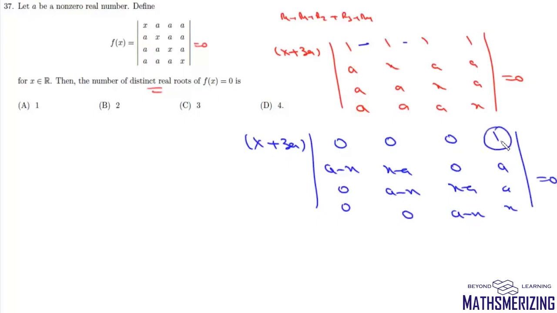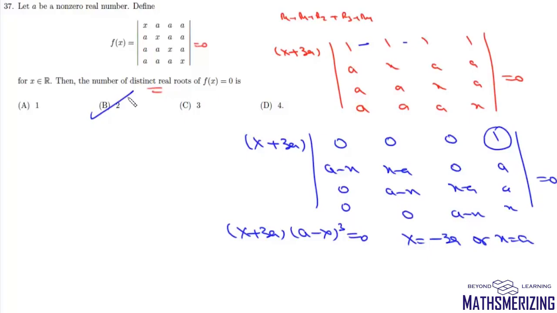Now if we expand it about this first row, then we can write this as x plus 3a into (a minus x) whole cube equals 0. So the value of x is either minus 3a or the value of x is a. Now if a is non-zero real, that means the number of distinct real roots will be 2, and that's your option number B.